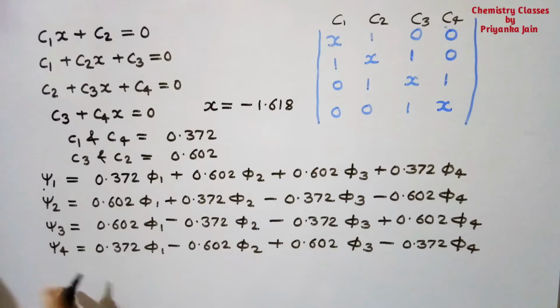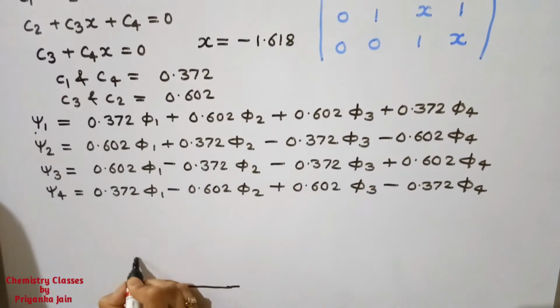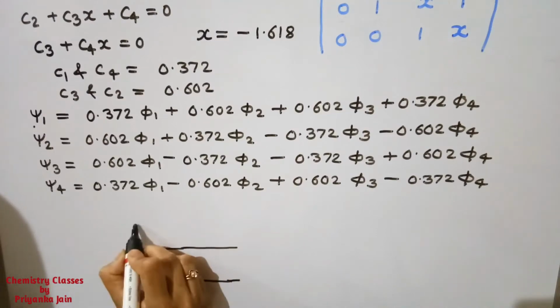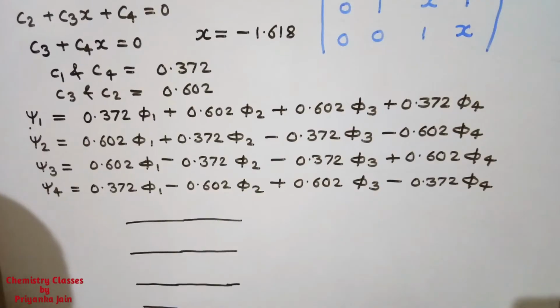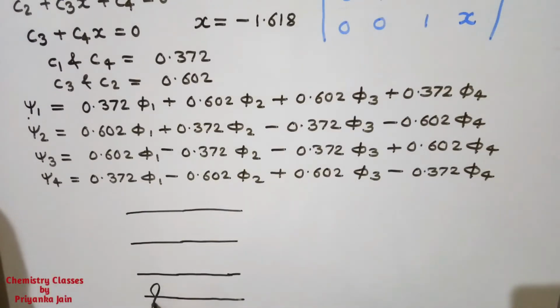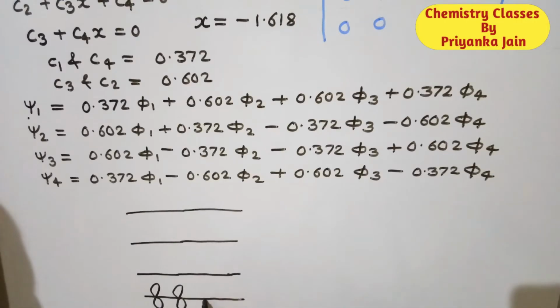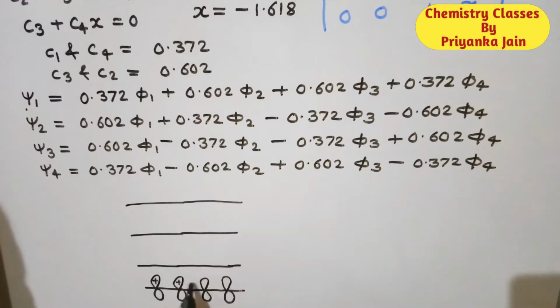So in this case 0 node, 1 node, 2 nodes and 3 nodes. So we can also draw them here. How to draw them? In this way we have to make 4 different orbitals. In the first one you will have no nodes, so all will be positive. This will be called psi1 with no node.